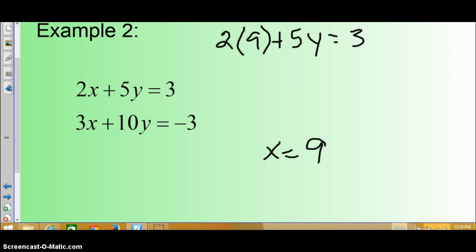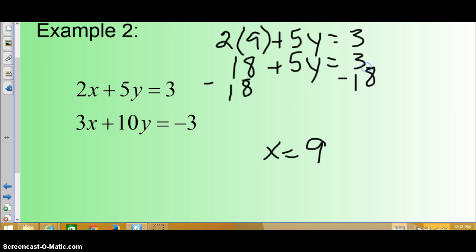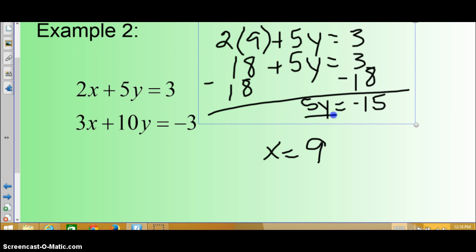So we've got 2 times 9, which is 18, plus 5y equal to 3. Subtracting the 18 and moving it to the other side of the equation, we end up with 5y is equal to negative 15. And we've got to divide out that 5, so y is equal to negative 3.